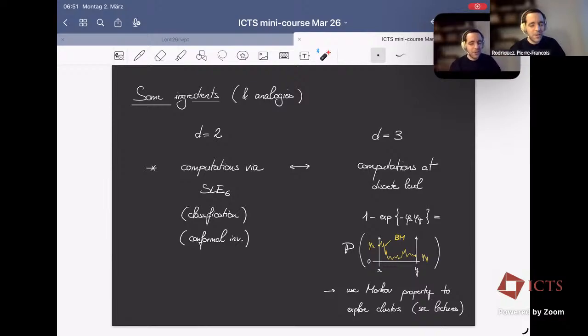This is actually the reason why you choose these probabilities in this way. And this was Lupu's initial observation. He didn't phrase it like this, he phrased it in the language of loop soups, but it's equivalent. So basically what this model is doing is looking at percolation of excursion sets of the Gaussian free field on an extension of your graph where you add these continuous line segments.